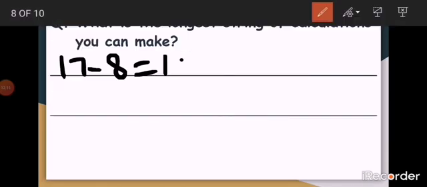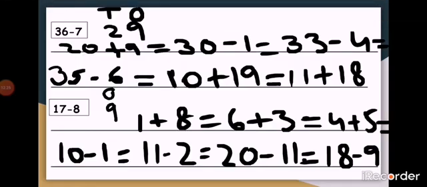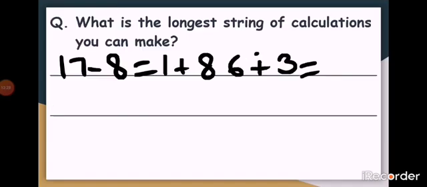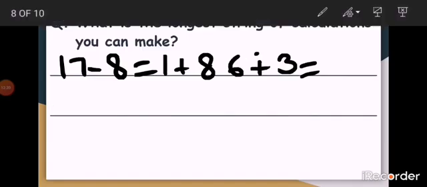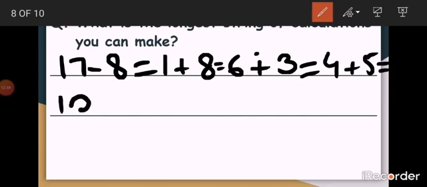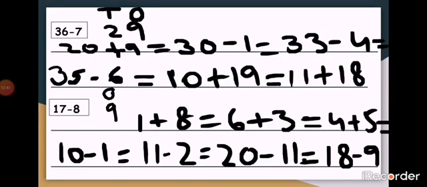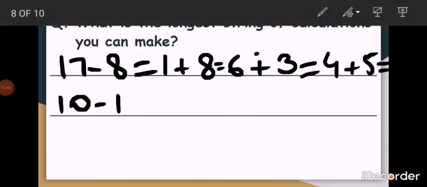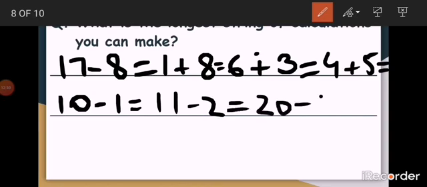So I'm writing 1 plus 8, then again I have to put the is equal to sign here. 6 plus 3 is equal to, now I'm moving back, 4 plus 5, 10 minus 1, again 11 minus 2, 20 minus 11.